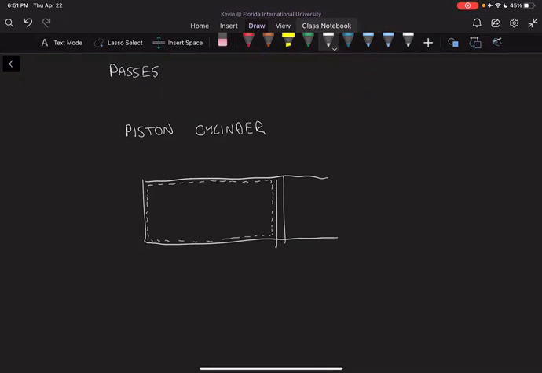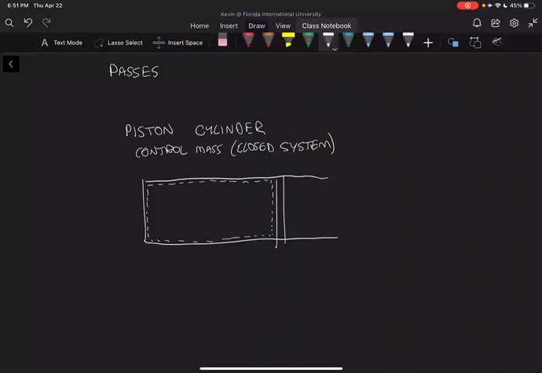And this is going to be a control mass system. Okay, no mass can exit or come in. So it's a control mass system or a closed system. Okay, just to get used to the fact that a piston cylinder is a closed system. Okay, and we'll look later on in class at piston cylinder systems that are open as well, but for now you can think of them as a closed system.